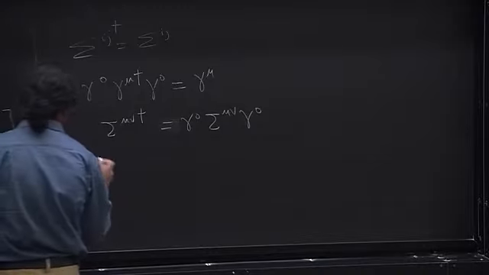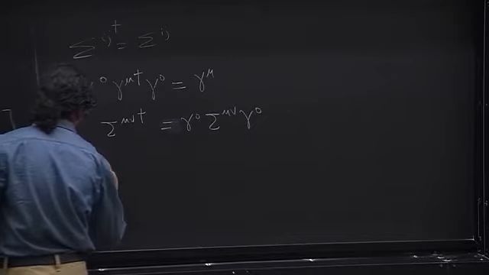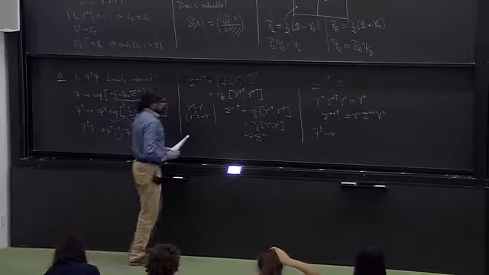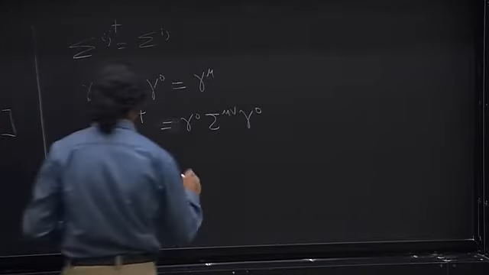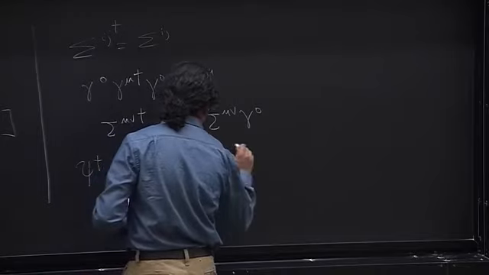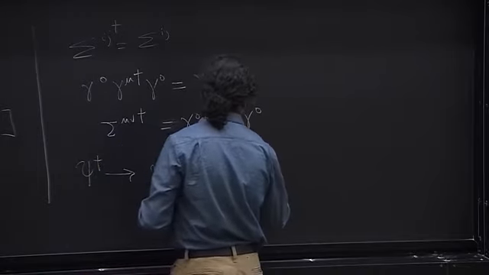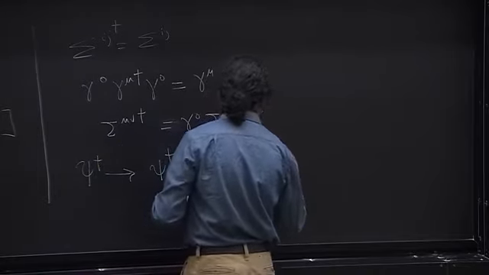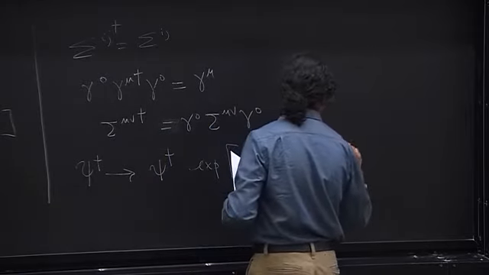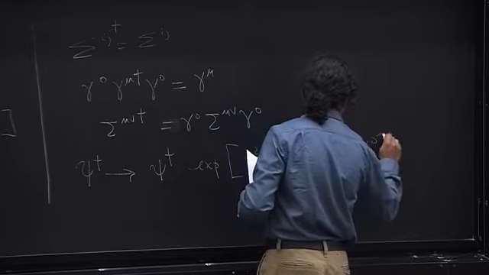So this means that this equation can be shown to be this times exponential plus i by 2 omega mu nu, gamma 0 sigma mu nu, another gamma 0 here.